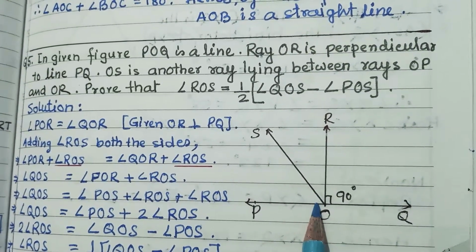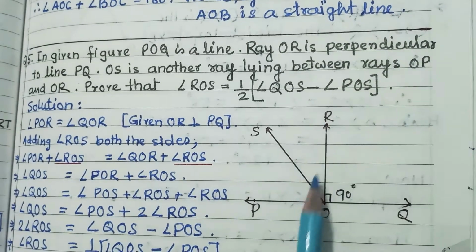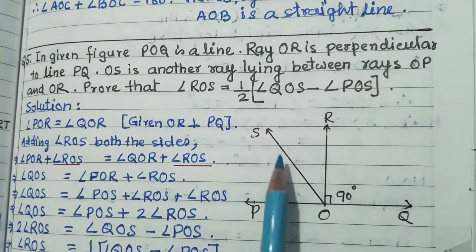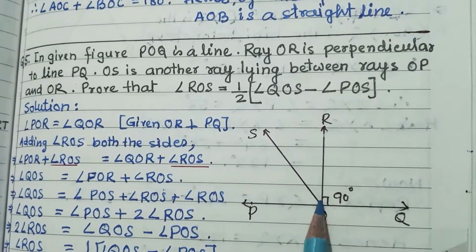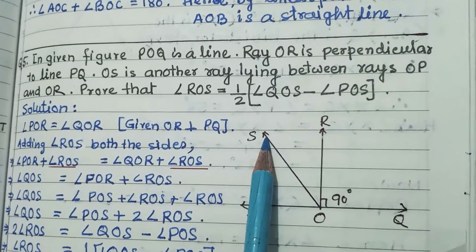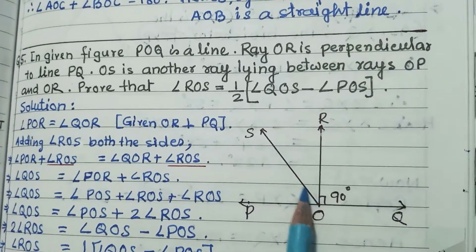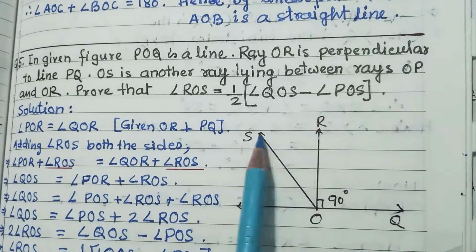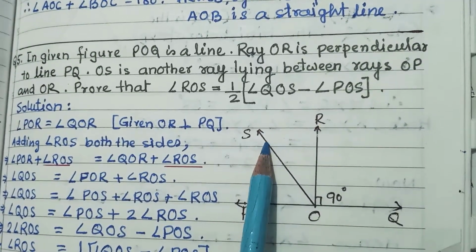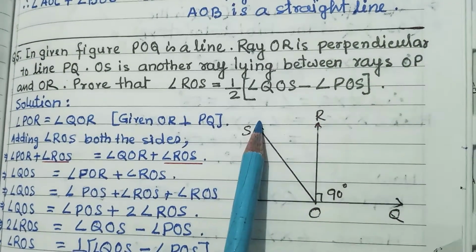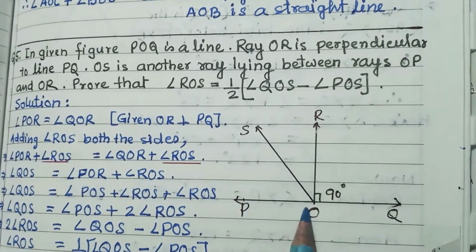Prove that angle ROS is equal to half of angle QOS minus angle POS.